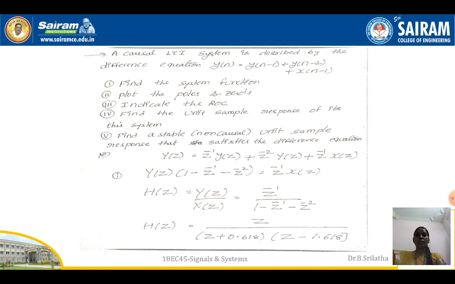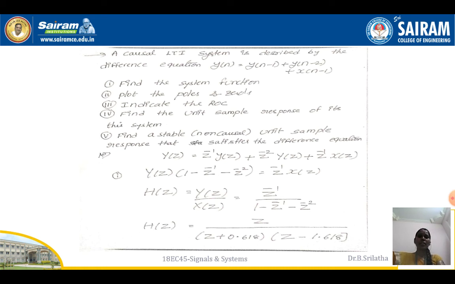In this problem, they gave the system in terms of a difference equation. Now we are going to convert it by applying the Z transform. Y of n becomes Y of z, y of n minus 1 becomes z power minus 1 into Y of z, plus z power minus 2 into Y of z, plus z power minus 1 into X of z.